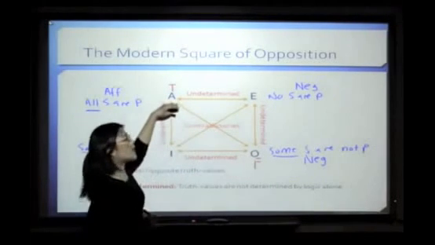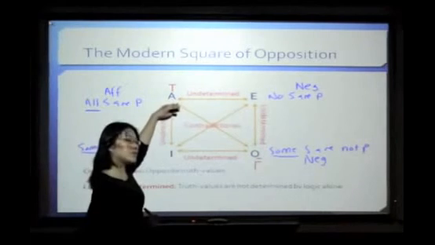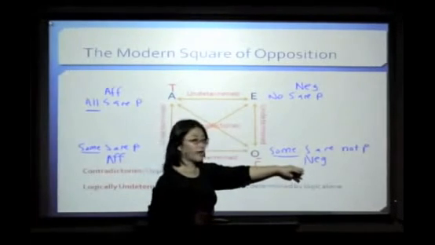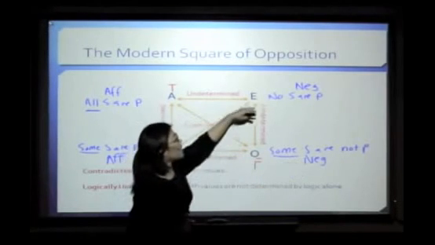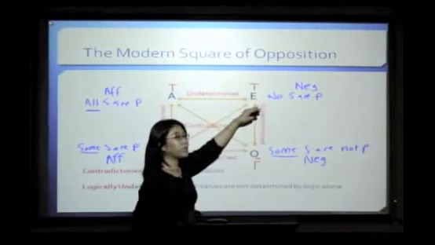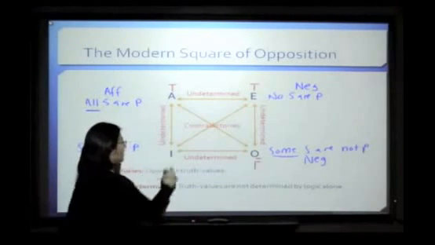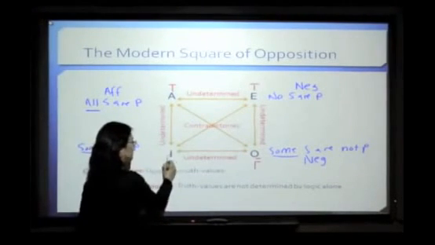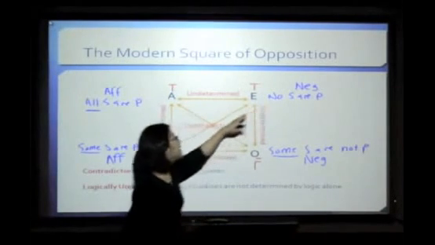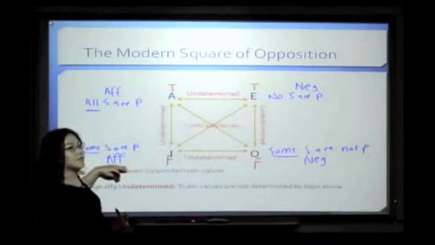So if it's the case that all cats are mammals, then it will be false that some cats are not mammals. And if you have an E-type statement and that's true, then its contradictory, an I-type statement, will be false.